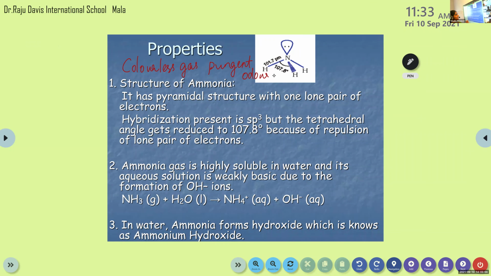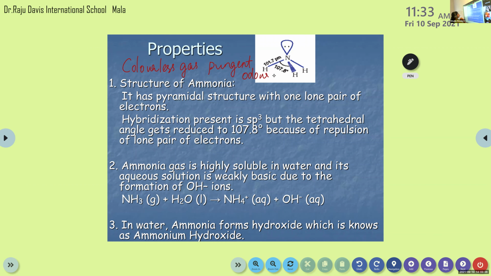First we add some chemical and smell the solution to identify whether ammonia is present or not. There is one category of experiment to find out the cation and anion. In this section, the method of finding ammonia is by smelling its odor. That's it. So it's a colorless gas with a pungent odor.